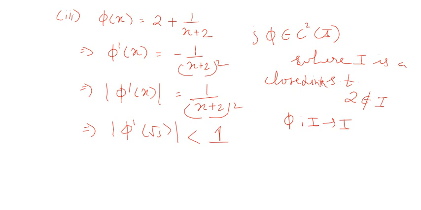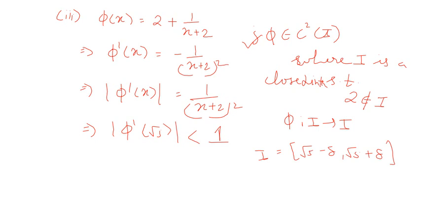So the first thing is very much clear: phi belongs to C2 of I, that is true. Also you can choose an interval. So I is what? If you look here, root 5 minus delta to root 5 plus delta. Delta is in your control, so you choose it.